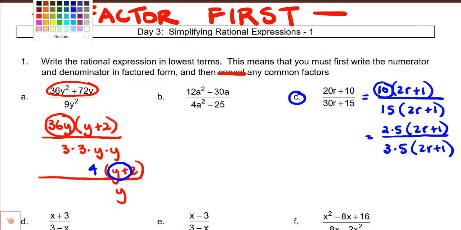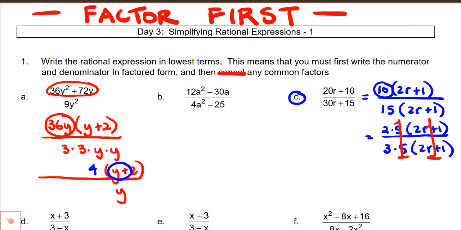And so, what's 5 over 5? What's 2r plus 1 over 2r plus 1? 1. Notice I didn't draw lines through the 2r's and also the 1's. It's one thing, not two. Who's left? 2/3.